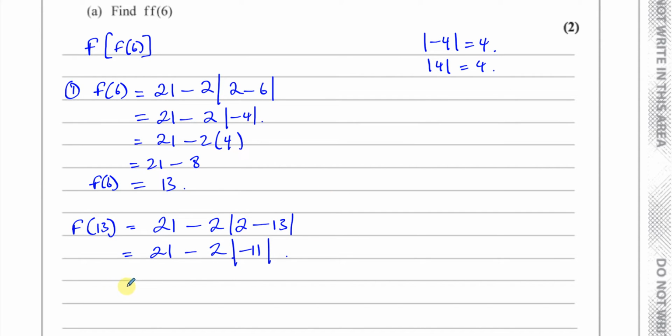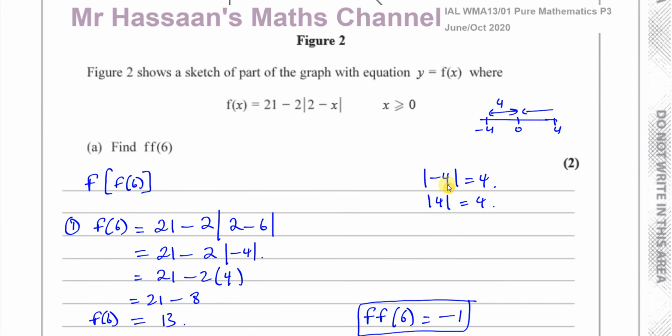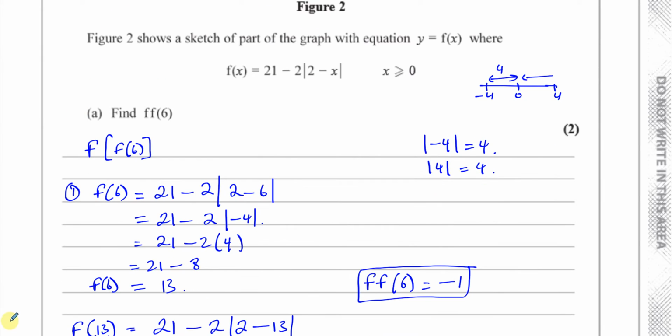So you're going to have 21 minus 2 times 11, which is 21 minus 22, which is minus 1. So we can see that f of f of 6 is equal to negative 1, and that's the answer to part A of this question. Just simple arithmetic with the modulus sign.